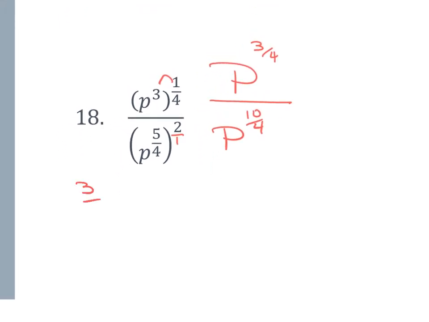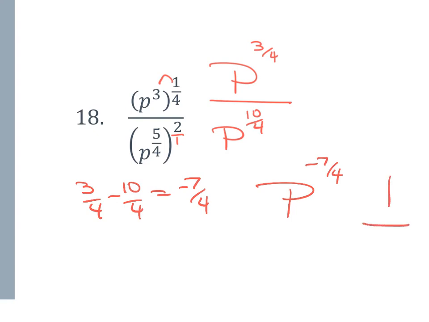So 3/4 minus 10/4 gives me -7/4. So now my answer looks like this, but the instructions said to write all answers with a positive exponent. So I'm going to move it under a 1 and make this 7/4.